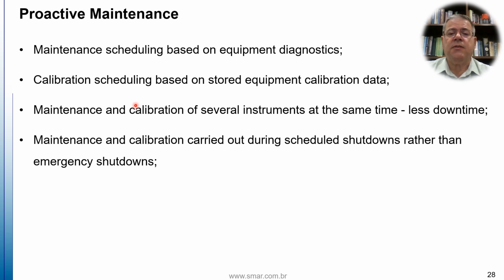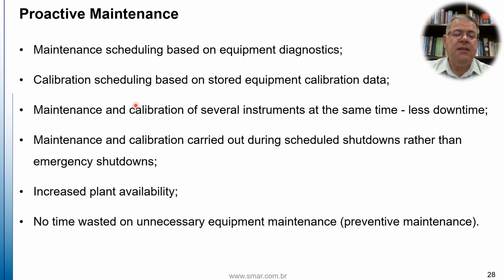So, in an automation system in a factory, it's best to plan the downtime. Don't pursue faults during stops. This is vital. Increasing the plant's availability, and also without wasting time on unnecessary maintenance.